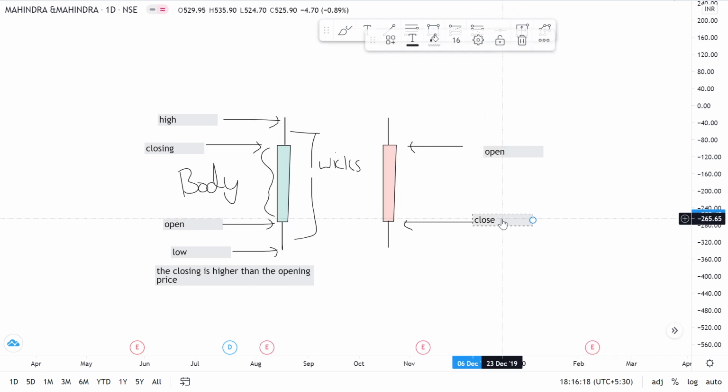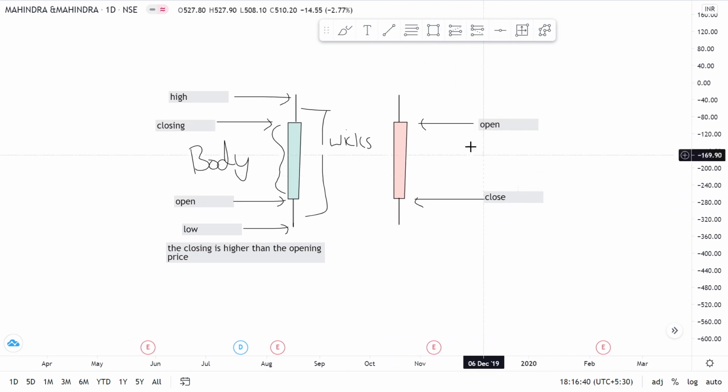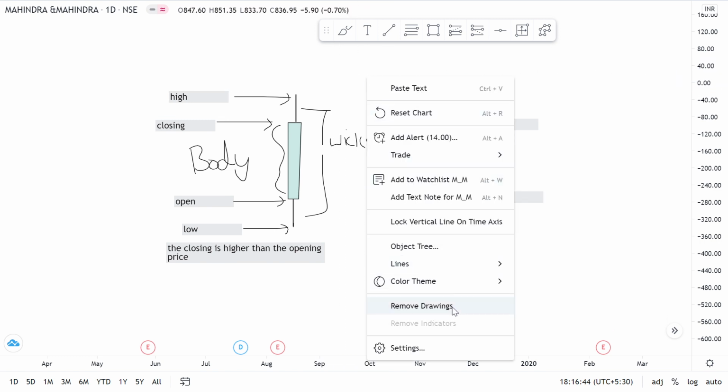So this means that price opened here at this point, then it went up till here. This is the high point, this is the low point, and price stayed between these two points throughout the day and closed right here, which is below the opening price. So hence the red candle, because the closing price is less than the opening price. So these were the basics of candlesticks and what they are.